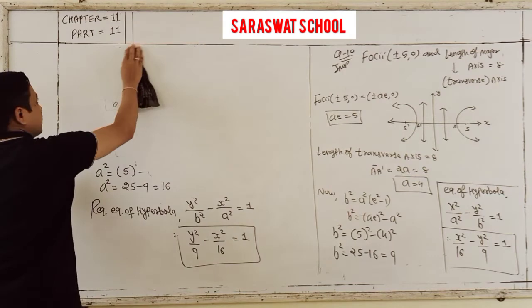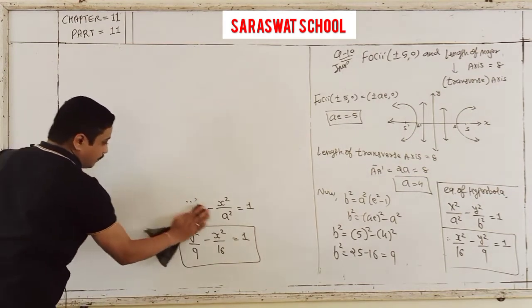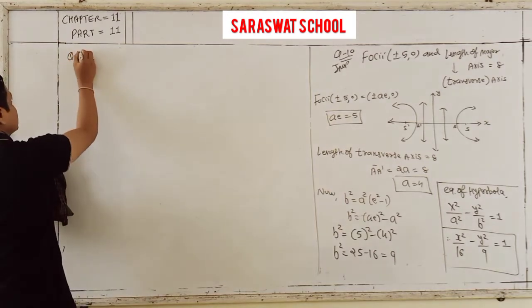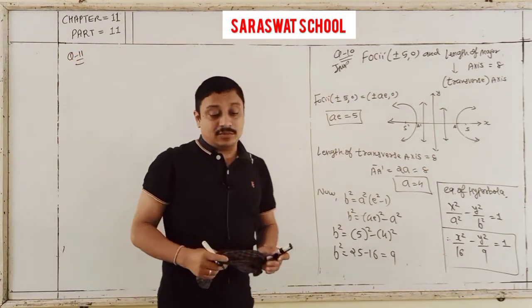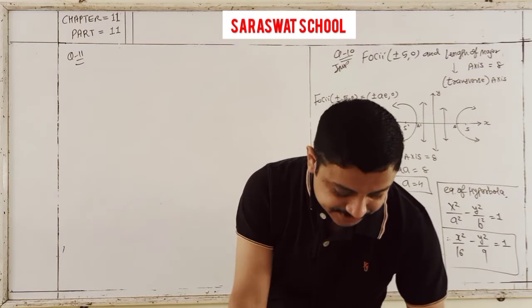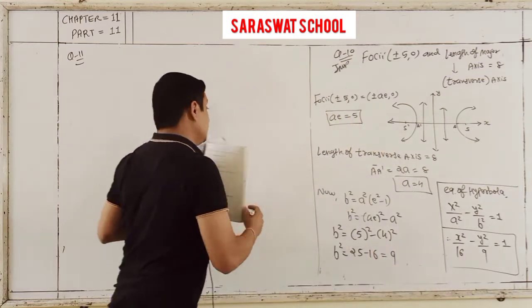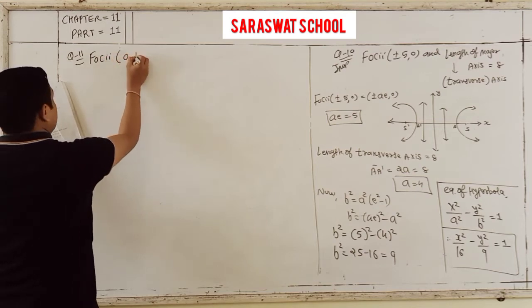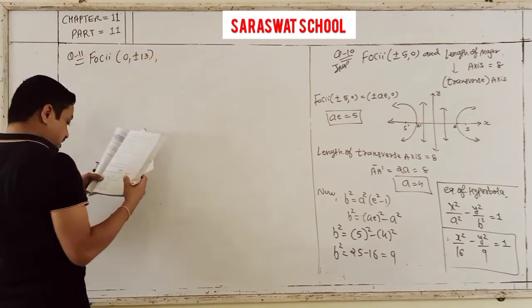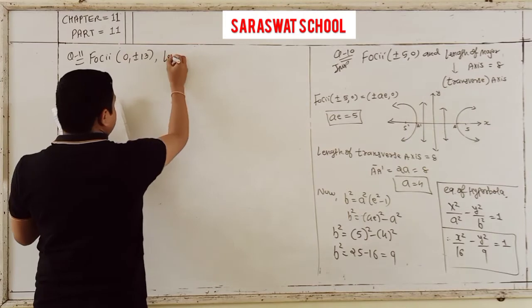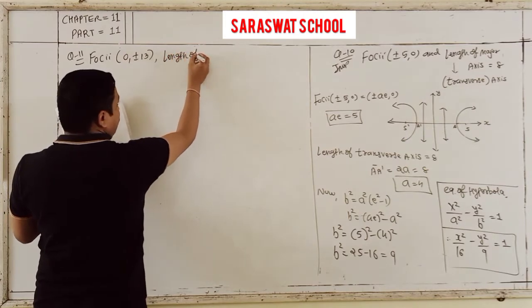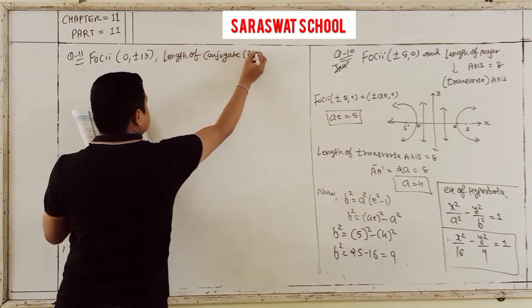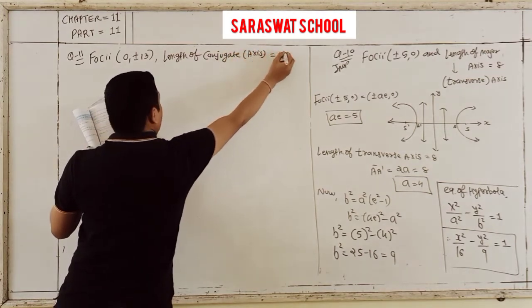That is also similar. Yes, the condition in question number 11: given the foci 0 comma plus or minus 13 and the length of the minor axis, the conjugate axis, is 24.